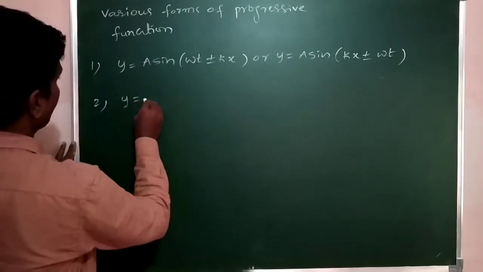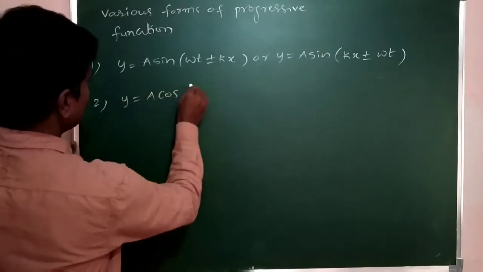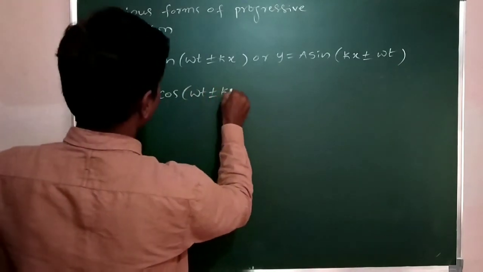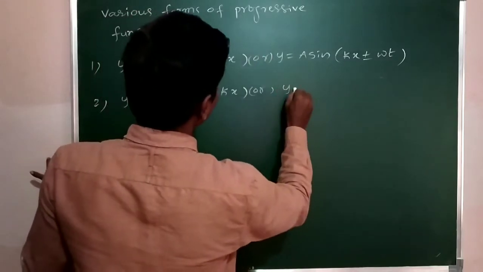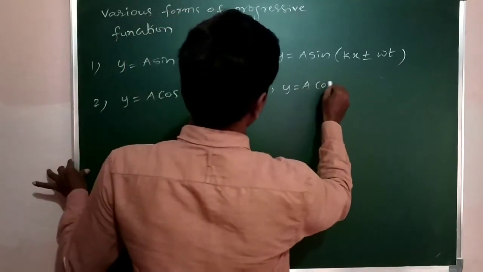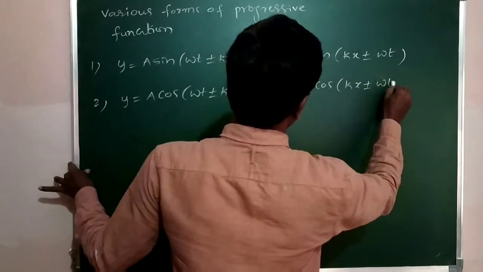Second, y equal to a cos omega t plus or minus kx, or y equal to a cos kx plus or minus omega t.